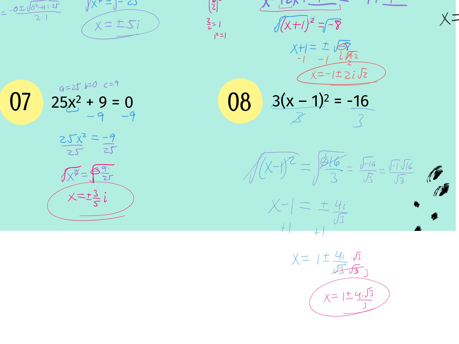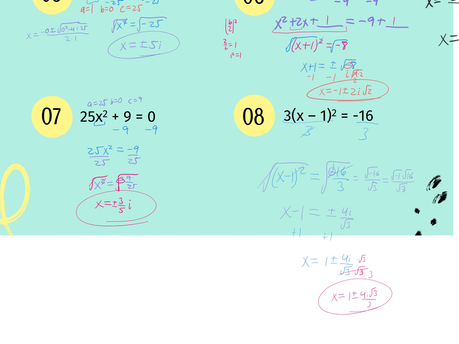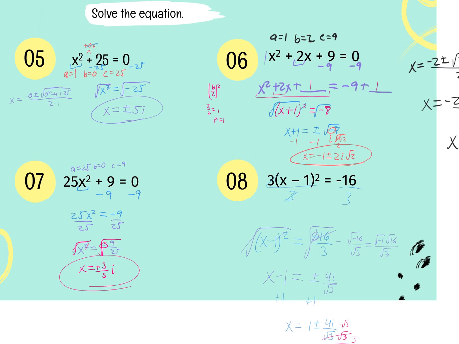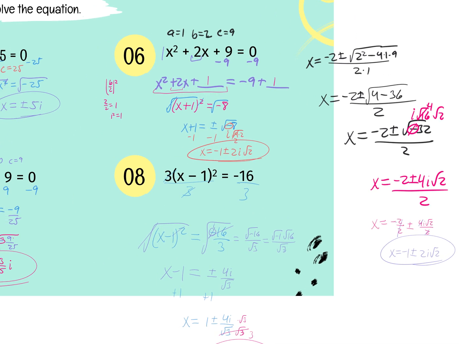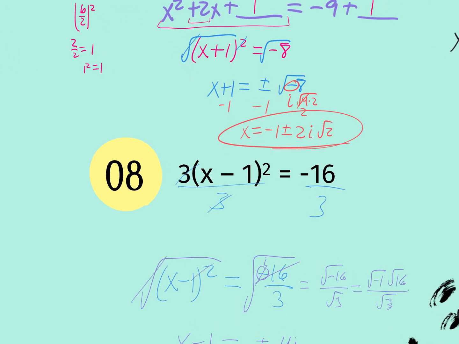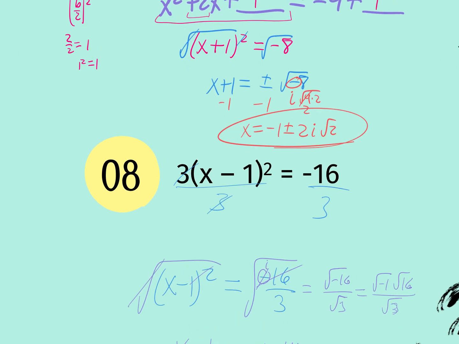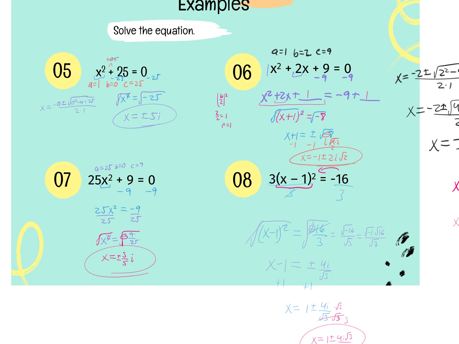All right, so use any method. You should be able to recognize what method would work best in each situation. If you love the quadratic formula, I would advise against this because you might run out of time, but you could always simplify this entire expression, FOIL it out, and then get the -16 to the other side, and then you'll have something in standard form that you can use the quadratic formula with.